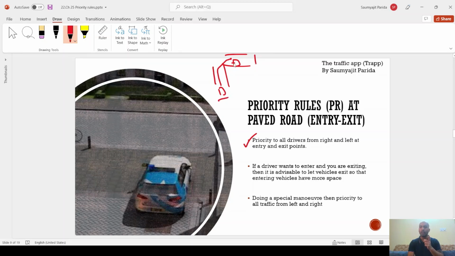So first let this vehicle escape, there will be more space, then I should enter. During a special maneuver, there is priority to all traffic from left and right. This we already know. During a special maneuver, I have to give access to all other traffic users at the entry and exit.